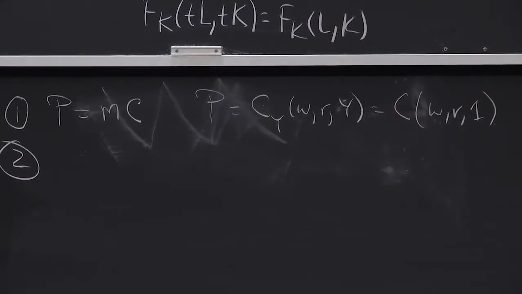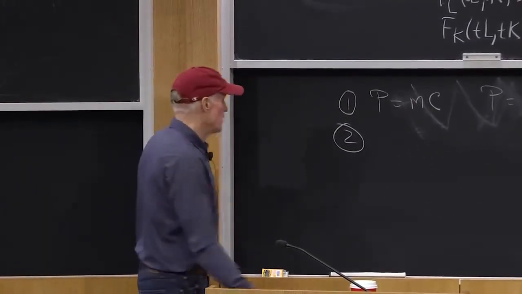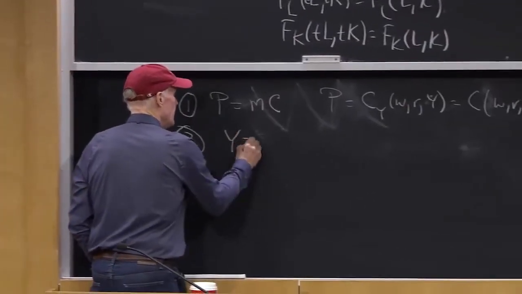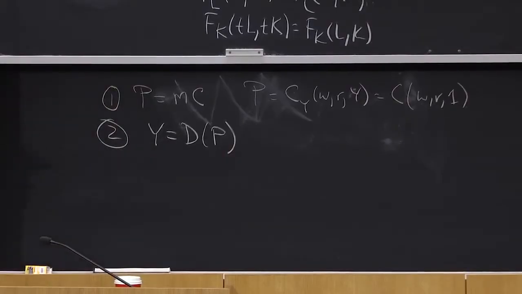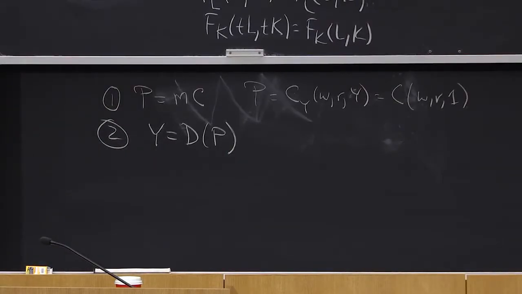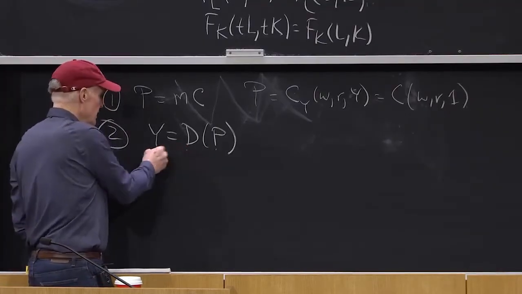What equilibrium conditions do we have? Yeah. Market clearing, which would be Y equals D of P, right? That is, the amount that we're producing has to be equal to the amount that consumers demand for this industry at that price, right? That is, tell me what the equilibrium price is. That determines demand in here.